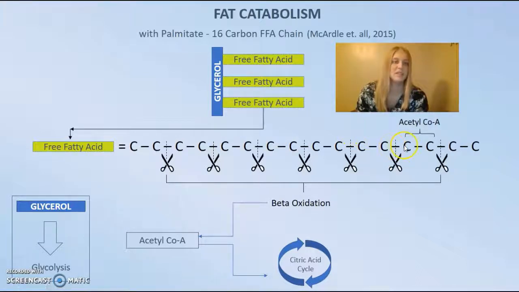The 2-carbon pieces can be converted into acetyl-CoA, which is something familiar because that was present in our last process of glycolysis. So the 2-carbon pieces transfer into acetyl-CoA, and they are able to go through the citric acid cycle. The citric acid cycle will turn 8 times because there's 8 2-carbon pieces.